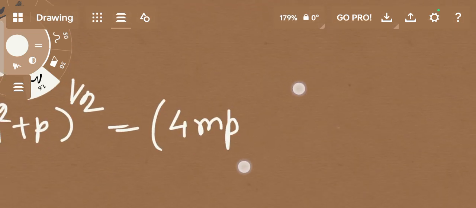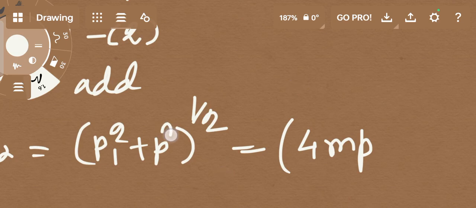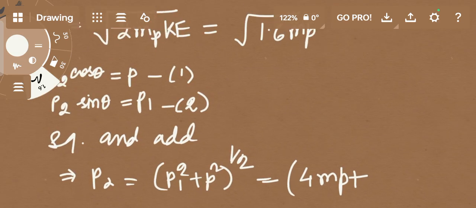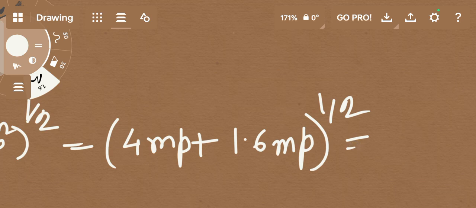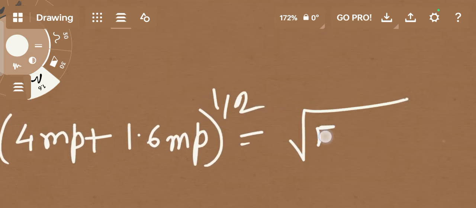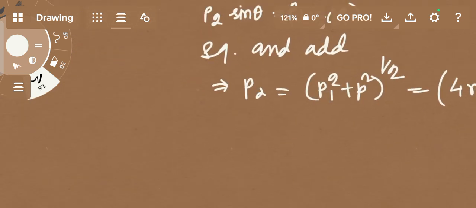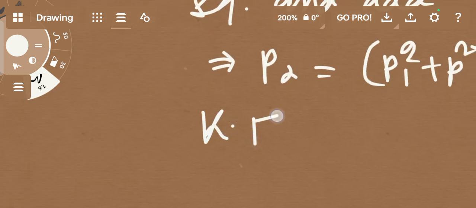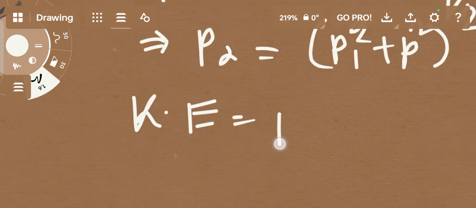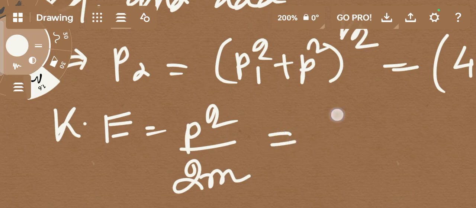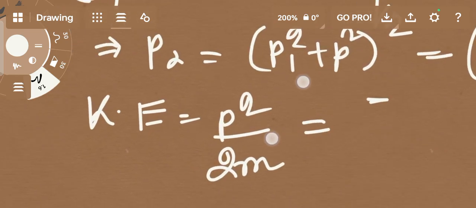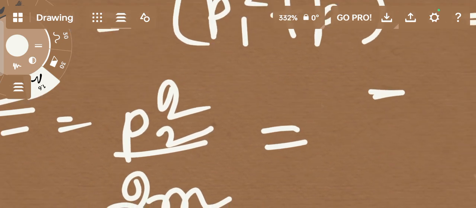So p1 square will be 4 mp, and our p square will be 1.6 mp, mass of proton. Root, this is root 5.6 mp. Now kinetic energy is equal to p square by 2m, and this is necessarily the kinetic energy of the p2 molecule.